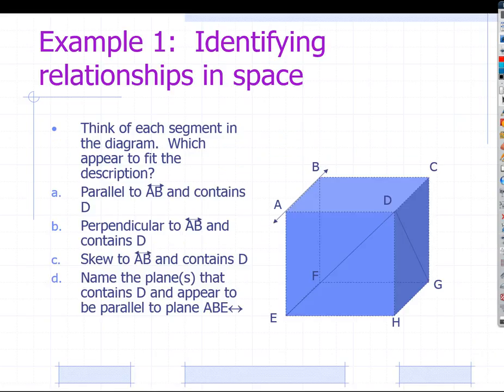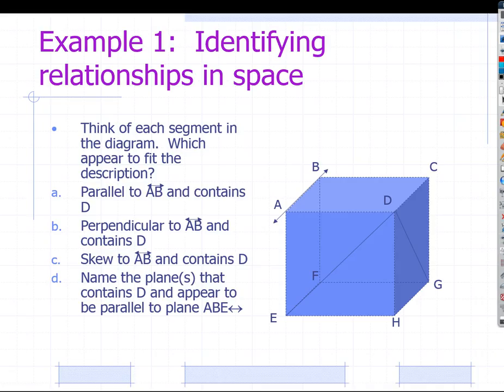So on this diagram up here, I would like you to name for me, and I'll call on people here, let's be thinking about this on your own though, a line that is parallel to line AB and contains point D. Parallel to AB and contains point D. Duncan, what do you think?